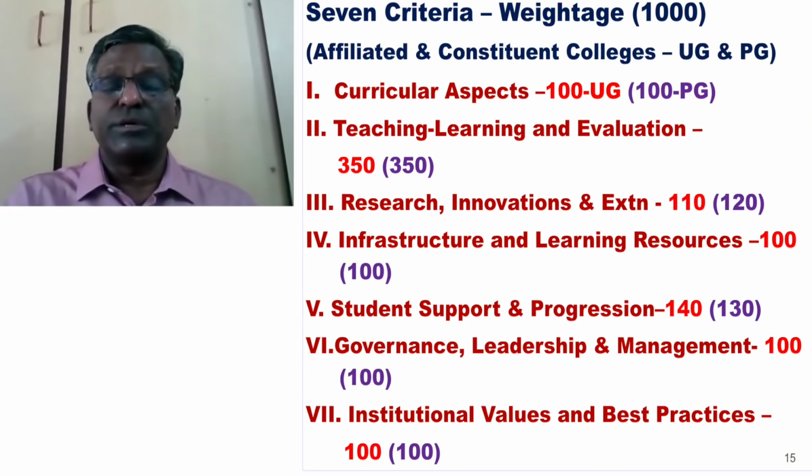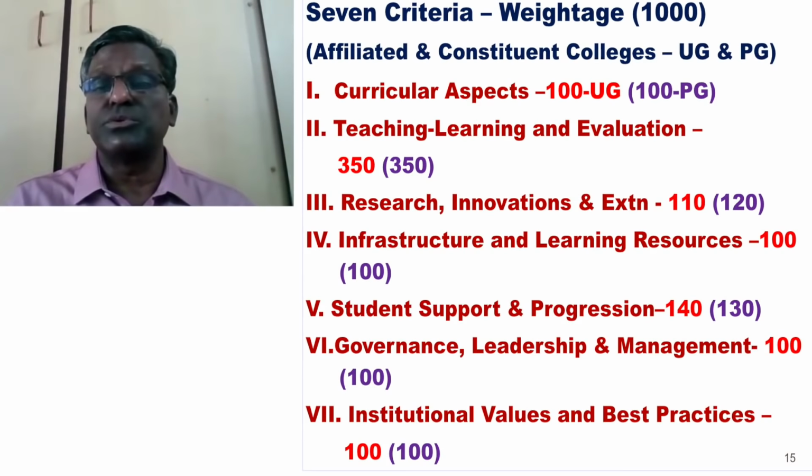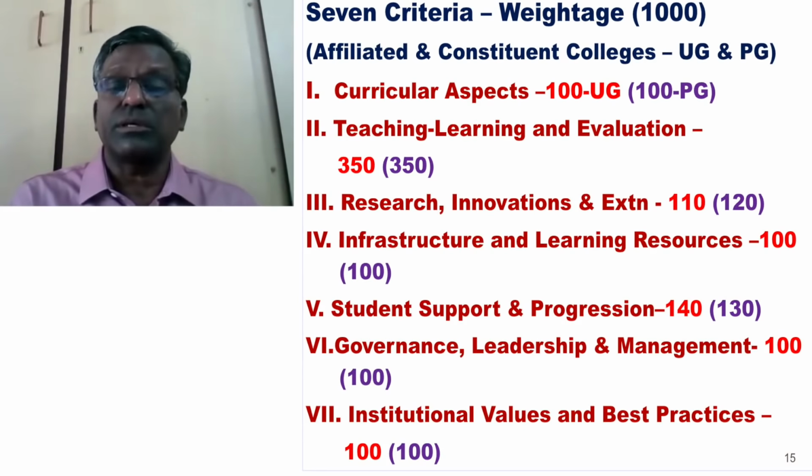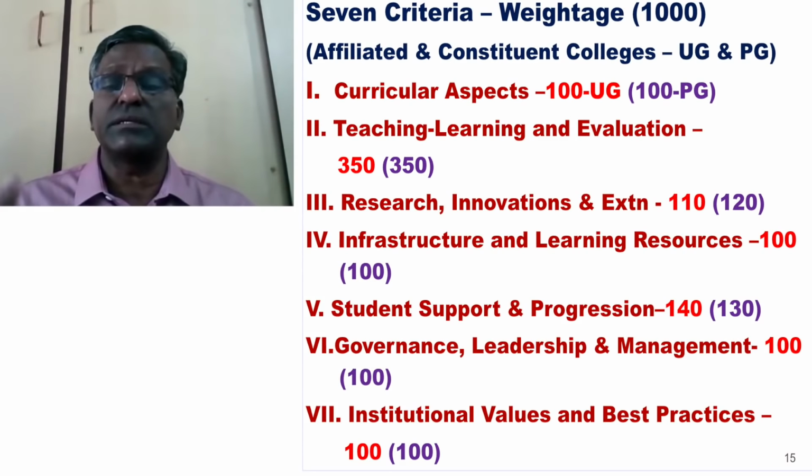Now we will be talking only about affiliated and constituent colleges, both UG and PG. Here I am not talking of universities, nor am I talking about autonomous colleges. My focus will be on affiliated and constituent colleges, both UG and PG.